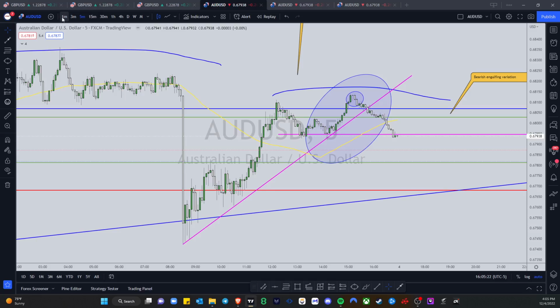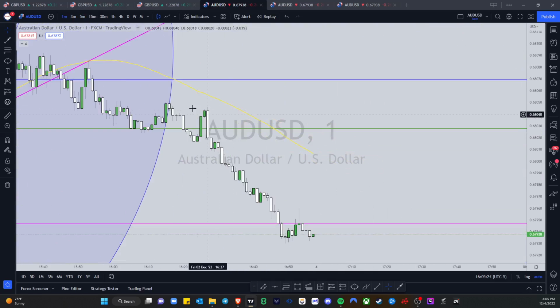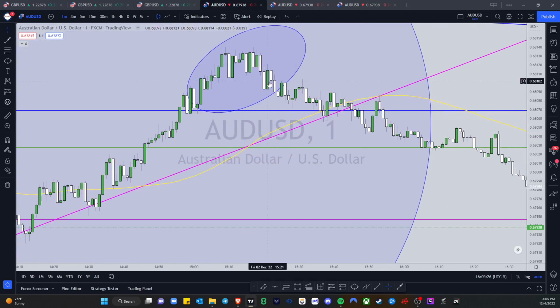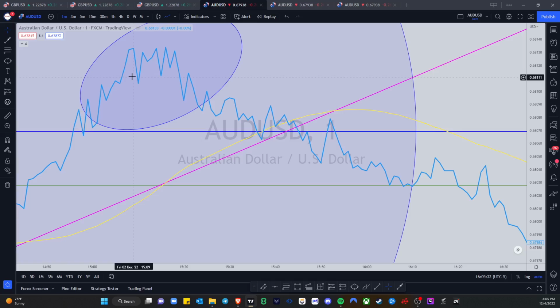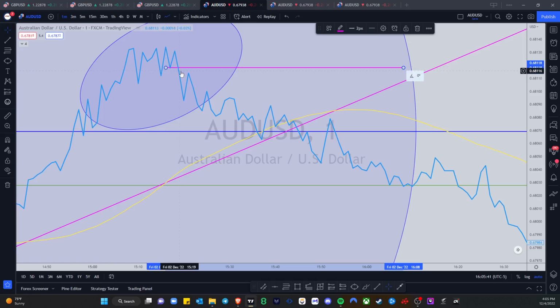So go a little bit further, M1. Yes, it would be a little bit risky if you ask me. I would have to wait until this candle, this level. I always try to take my entry after the break and a retest right here.